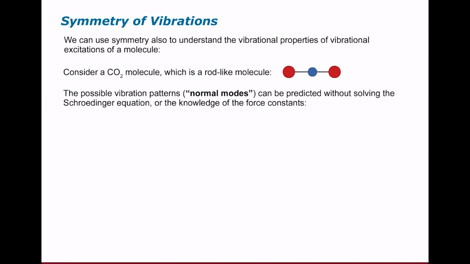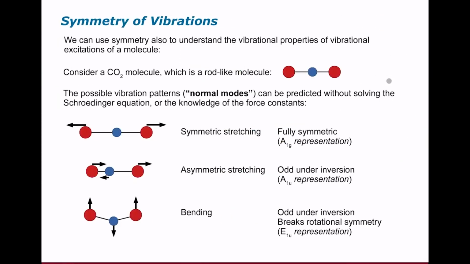Now, you can do this for a specific type of bonds between these atoms, but group theory, if you know how to do these, as we will by the end of the second lecture today, enables you to actually predict the forms of the vibration patterns. So it turns out that in the case of a rod-like molecule with three atoms, where the two atoms on the edges are identical, there are only three normal modes.